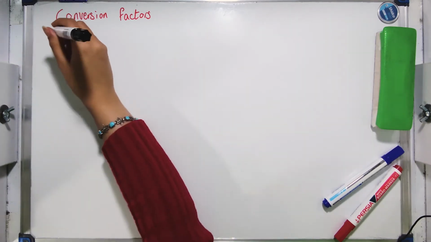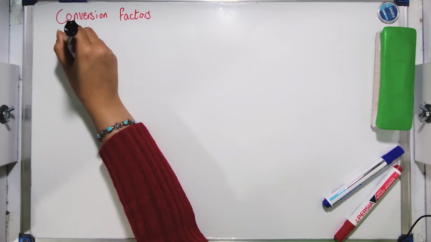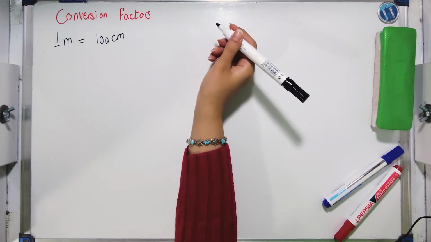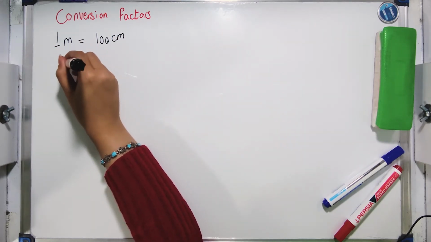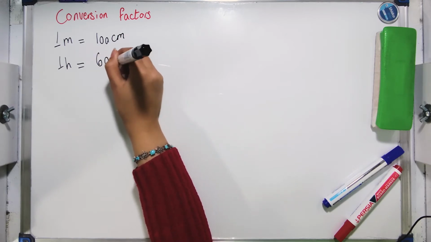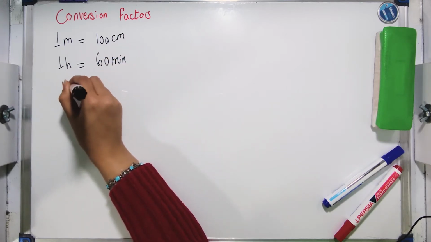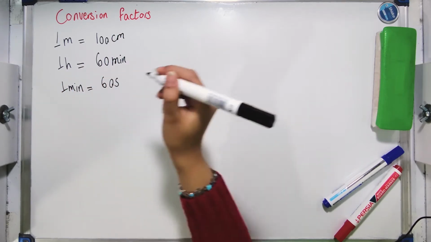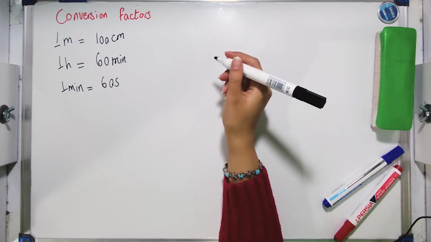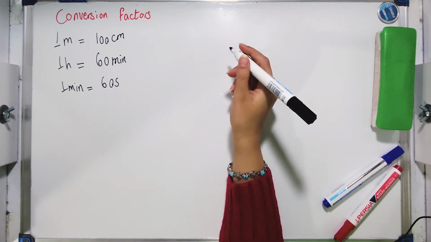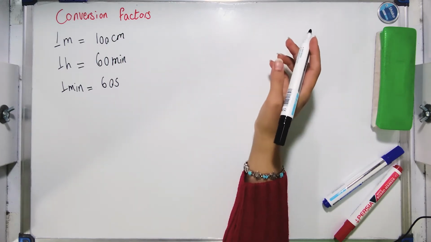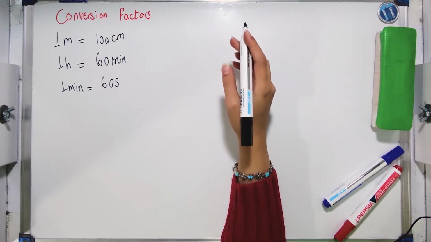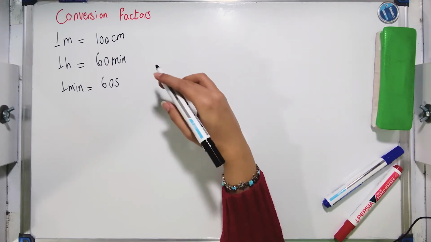For example, everybody knows that in every meter we have 100 centimeters. Or I'm sure that you know every hour has 60 minutes, or every minute has 60 seconds. Or if we want to convert American units to SI units, the International System, or actually Système International, it's in French.